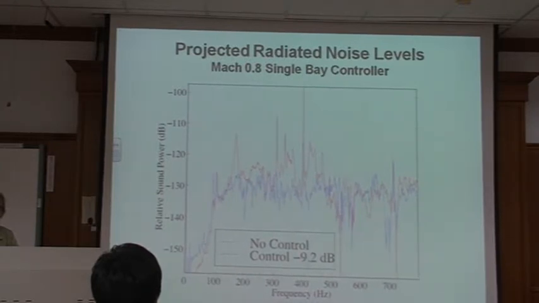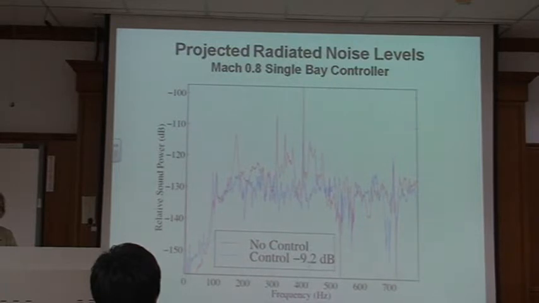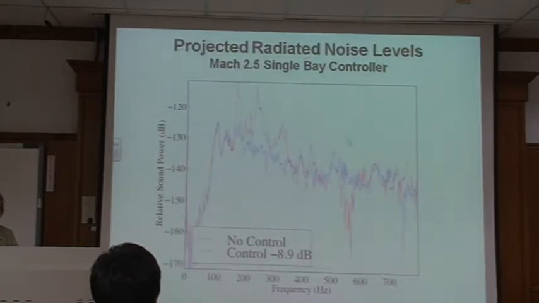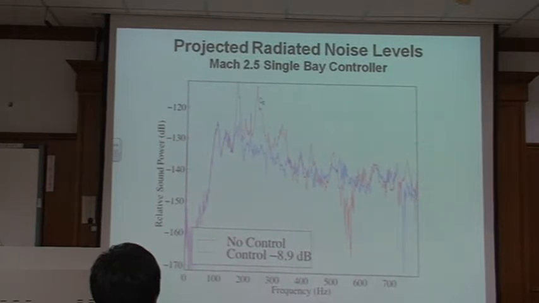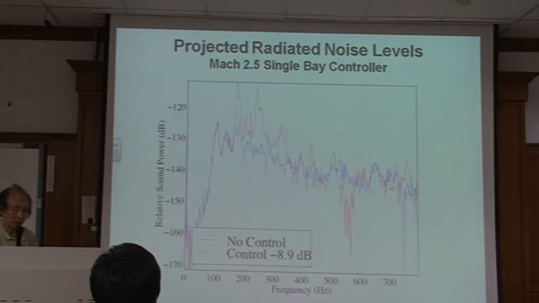We can reduce above 9 dB with the control, the blue line. And this is Mach 2.5, that's supersonic. And then you can reduce up to about 9 dB of noise reduction. So that means very good, because our requirement is only 5 dB.